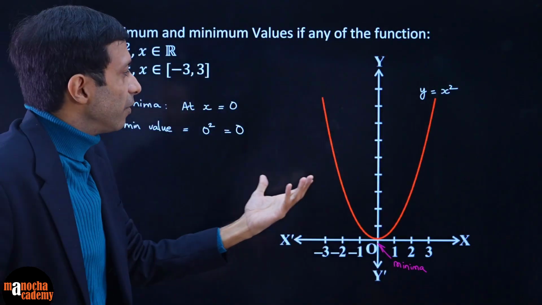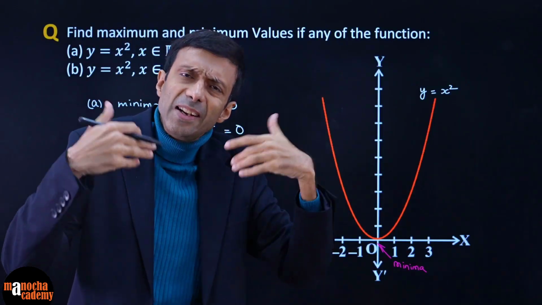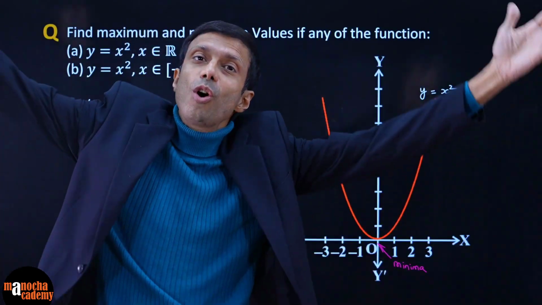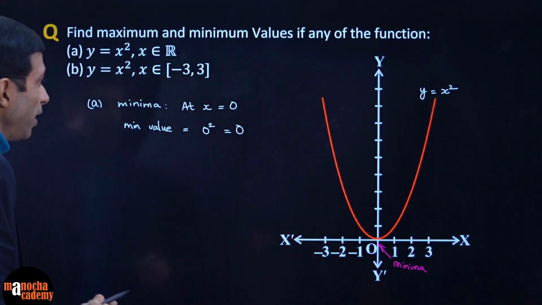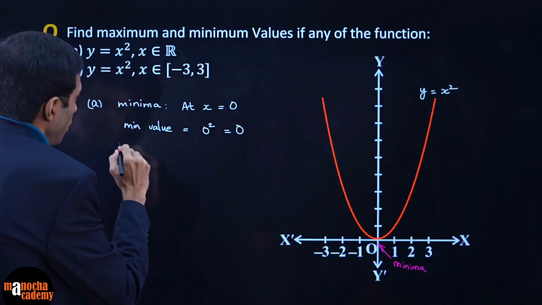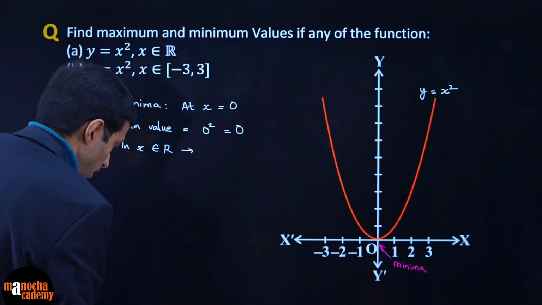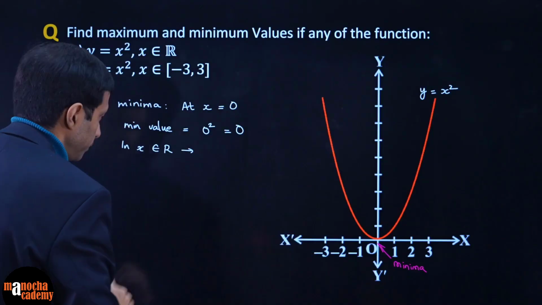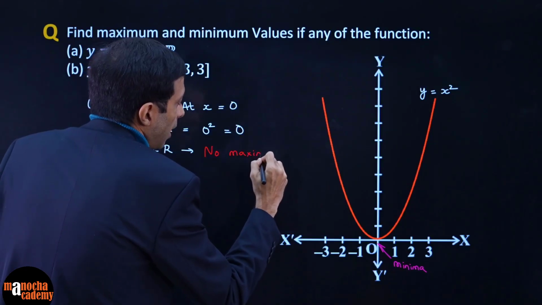So we don't say maxima is infinity, but we say basically it doesn't have a maxima. It just goes on increasing, but it clearly has a minima. This is a very important point: for x belonging to R, there is no maxima. There is no clear highest point.